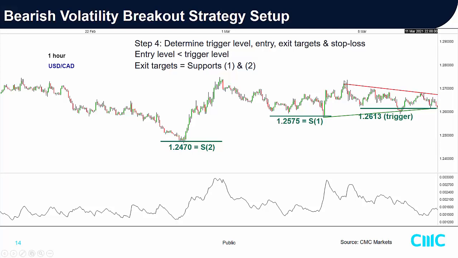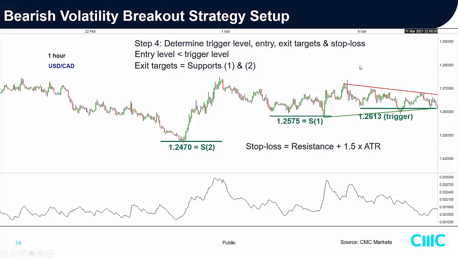So this will be the intermediate resistance, which is at this level here. Definitely we cannot place it exactly at this red line, which is the resistance of this minor symmetrical range.